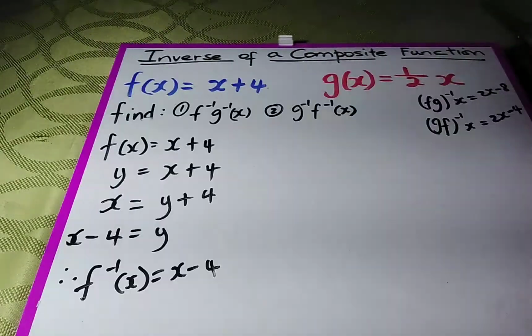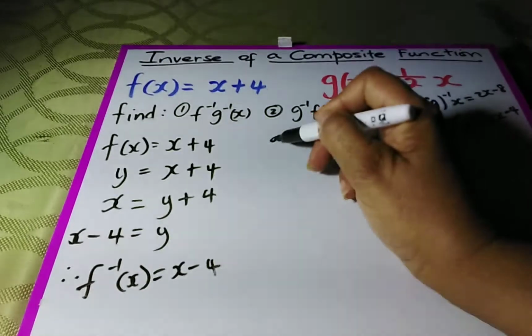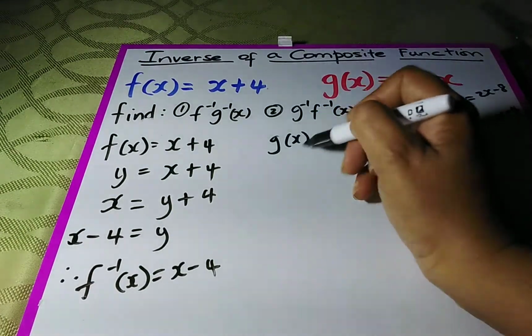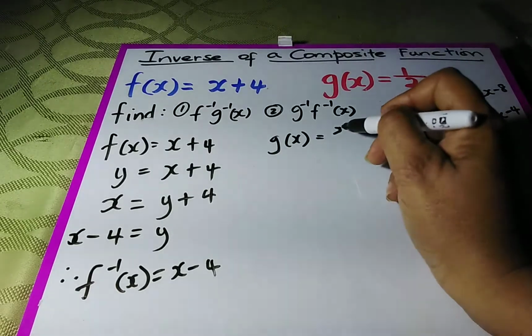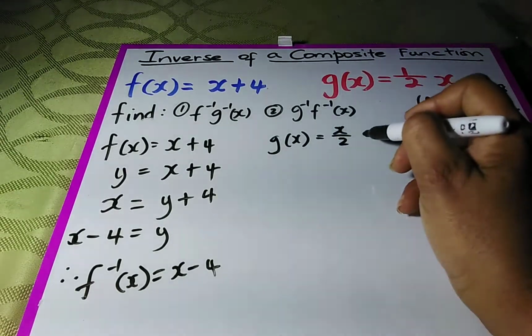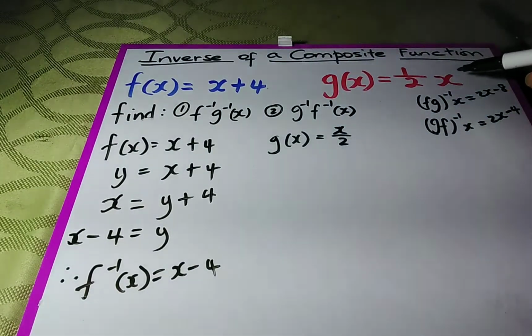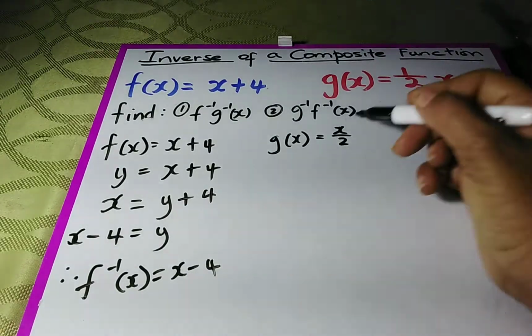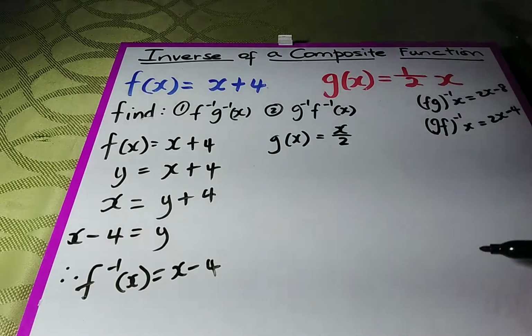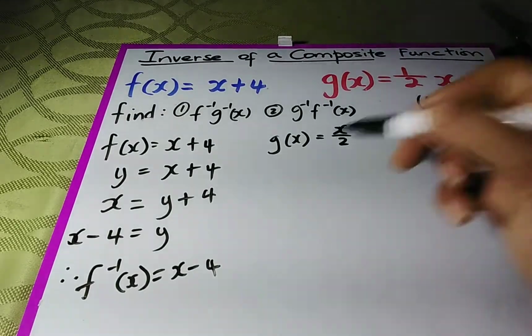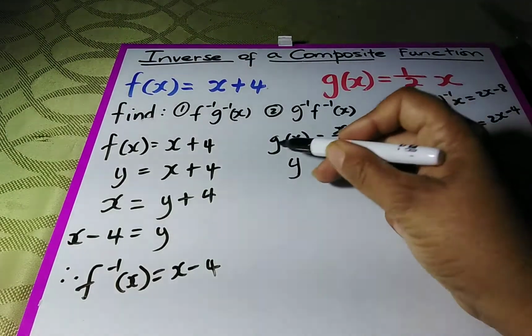Next, we're going to find the inverse of g. First, we write down the function, which is x over 2. Half x is the same thing as x over 2. We write it like this because it's easier to do the inverse and the composite. So the first step is to say, let g of x be y.